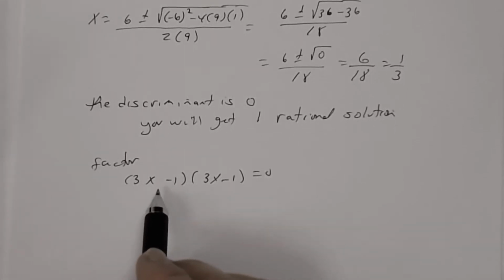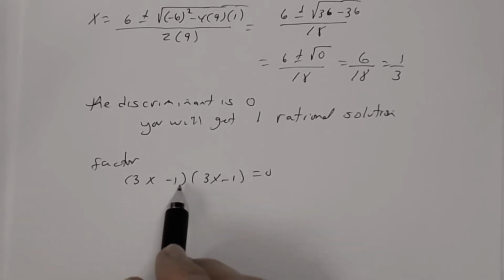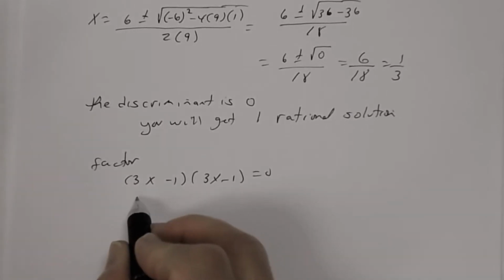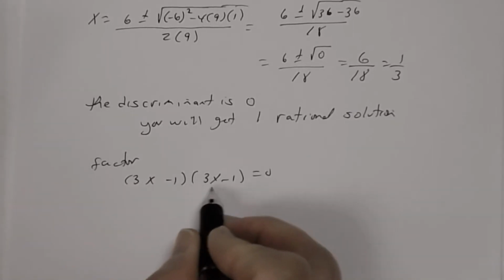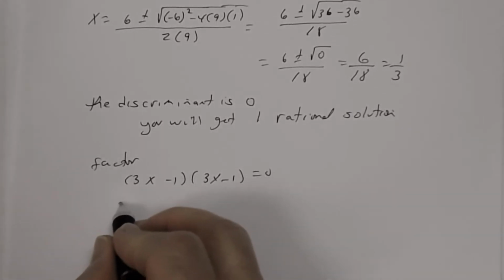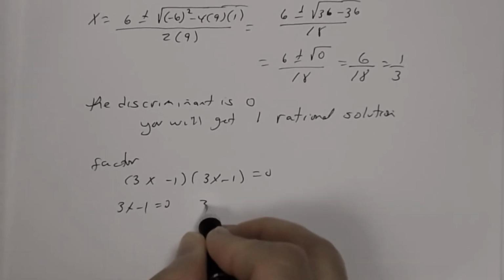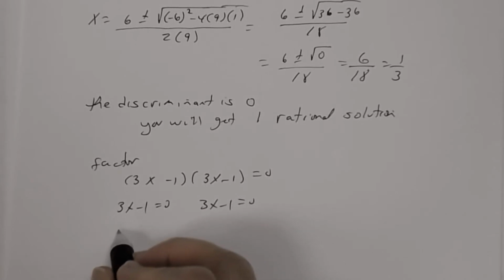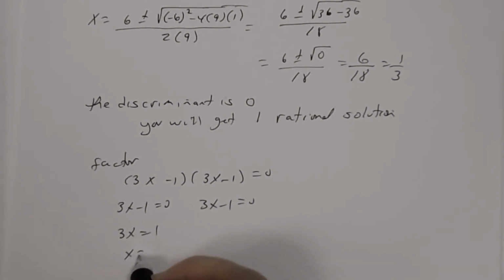So remember when we solved a quadratic equation where the two factors were the same, we just used one of them. So what I want you to notice, though, is that if I set both of them equal to 0, I want you to see what happens. It's the same expression, the same equation, right? So I get 3x equal 1, x is 1/3.